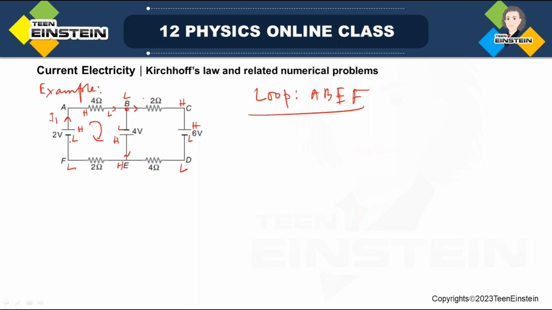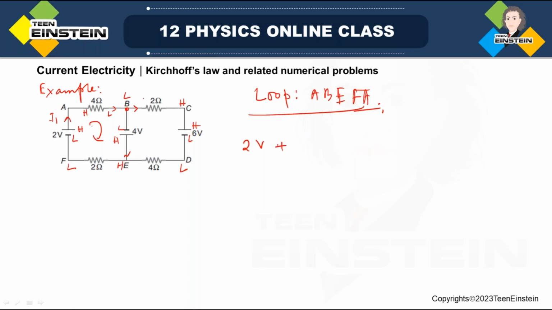So from loop 1, what can we write? For loop 1, here I'm going from high to low potential, and here low to high potential. So EMF will be positive here.